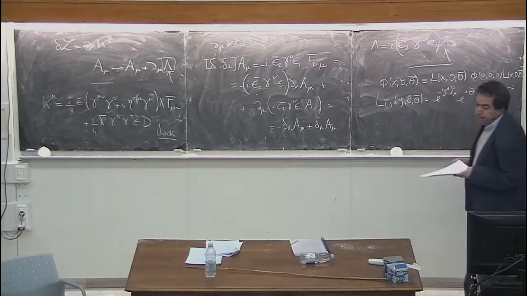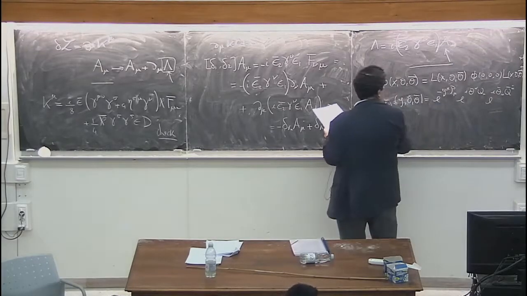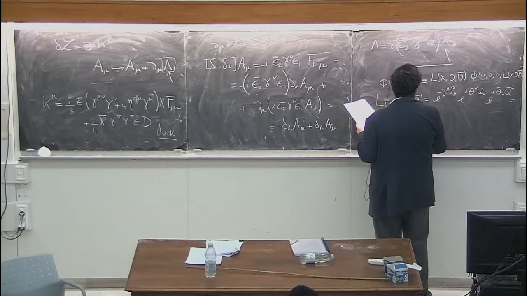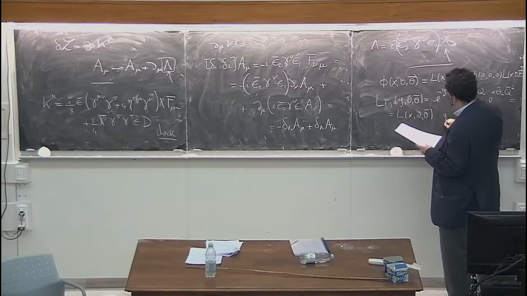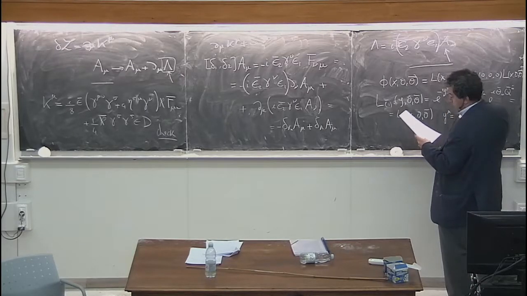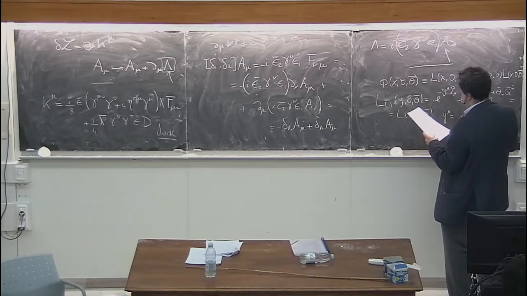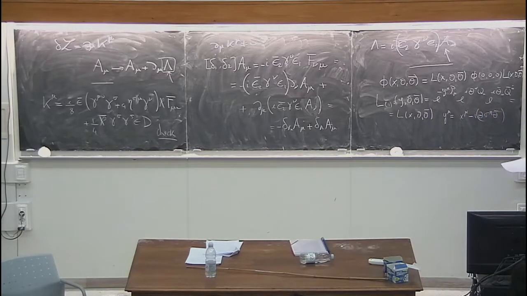In this parametrization, L1 equals L of x theta theta bar, and you can verify using the algebra that y mu is equal to x mu minus i theta sigma mu theta bar in the two-spinor notation. You can easily verify this.